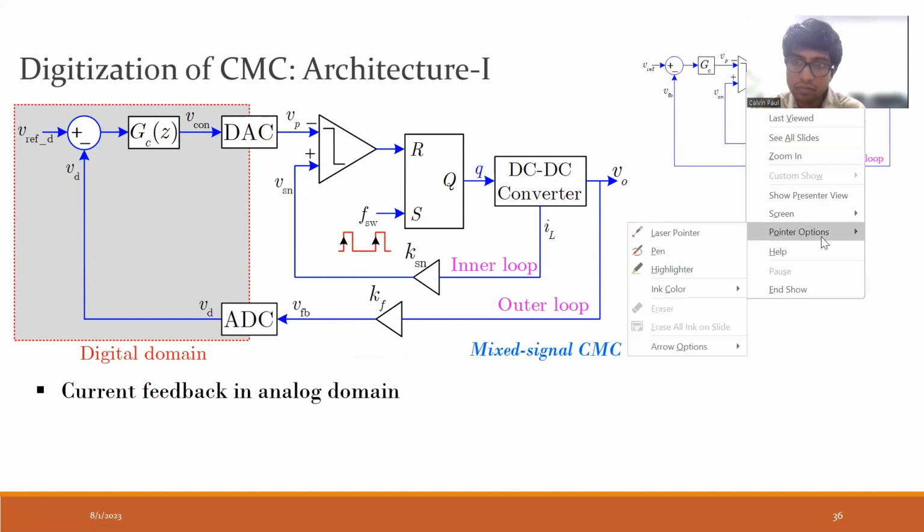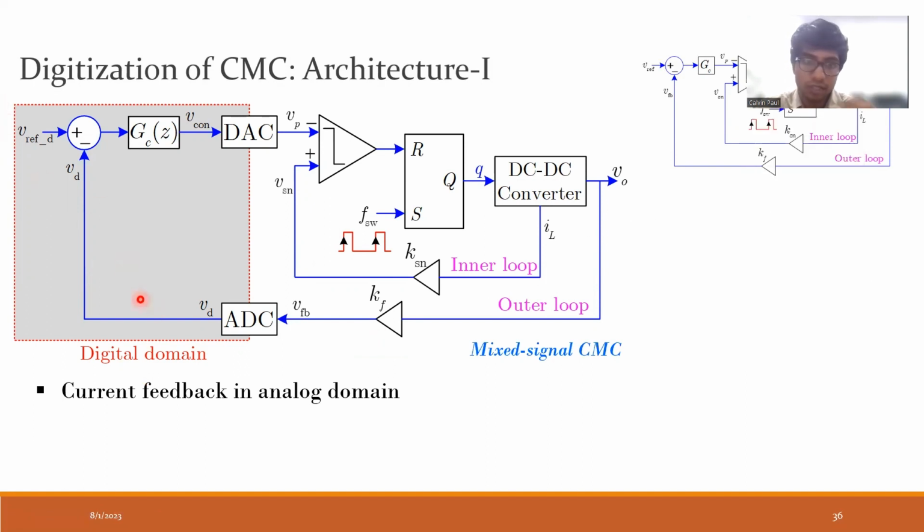Then the digital controller generates a reference, which is converted into an analog signal via a DAC. This analog value is compared with the sensed inductor current, which is in the analog domain, and that will generate the reset and set pulse to accordingly actuate and control the DC-DC converter.